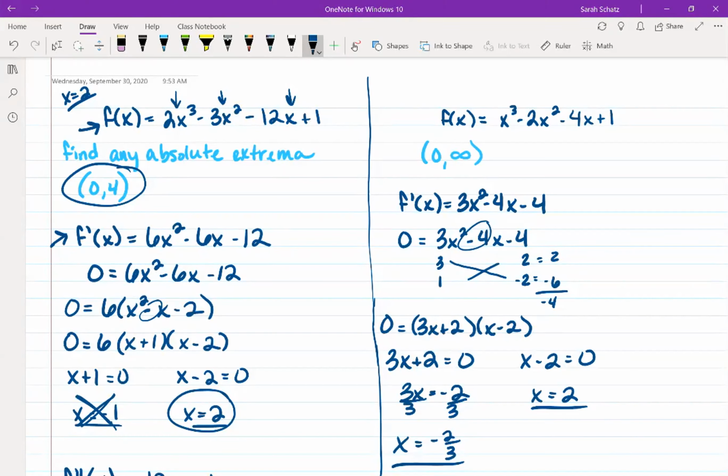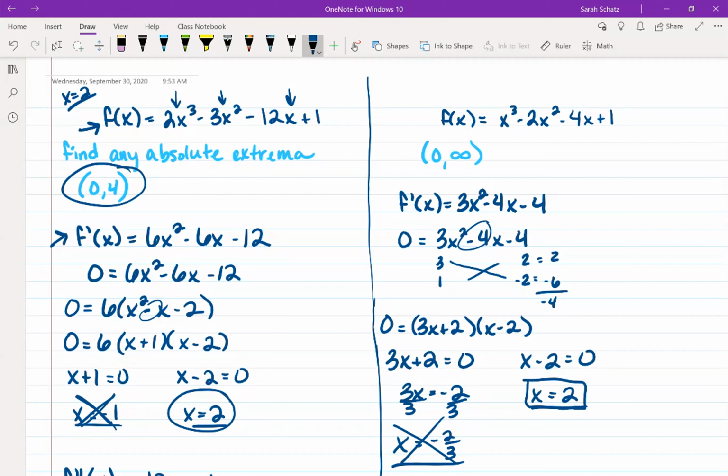Don't forget, before you start testing these and finding out if they're a max or a min, only test the ones in your interval. So you guys, our interval is from 0 to positive infinity. So this negative 2/3, we don't even have to consider it. And that's good because we hate using fractions anyway. This is the only one I'm going to consider.